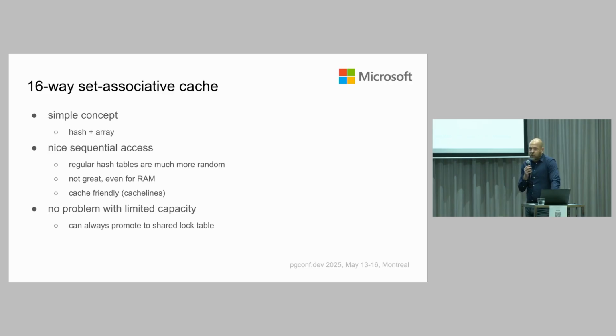And it doesn't have the problem with limited capacity, because you can essentially make as many groups as you want, and that's it. The one thing is that we can't resize that, right? Once you start Postgres, this is fixed, but we can still promote to the shared lock table. So it is important to make it sufficiently large to not need the shared lock table very often.